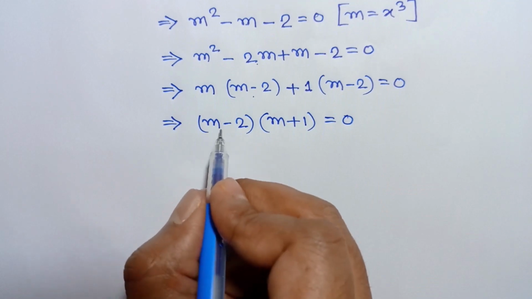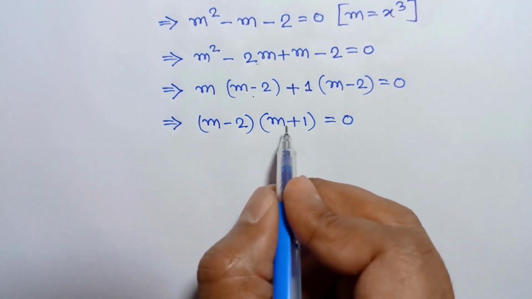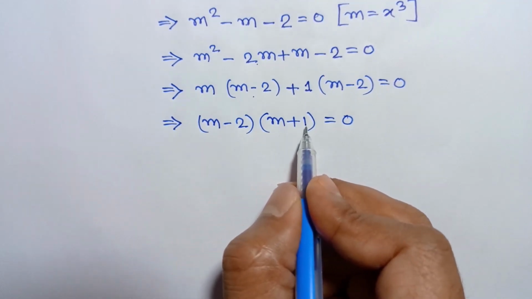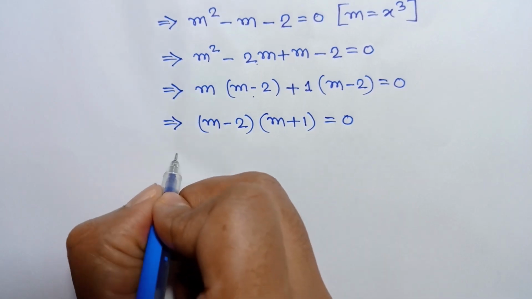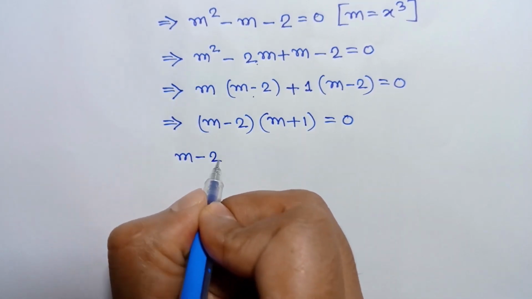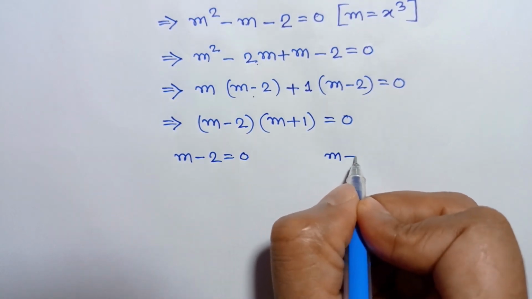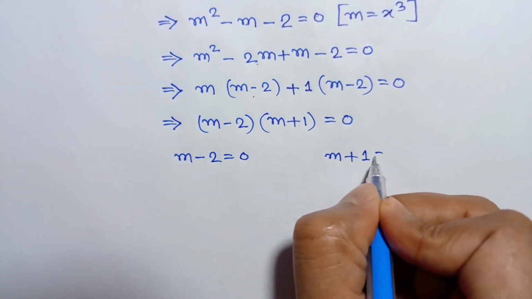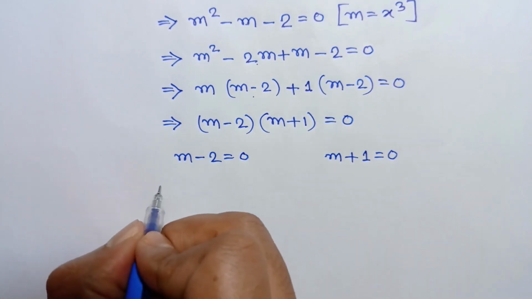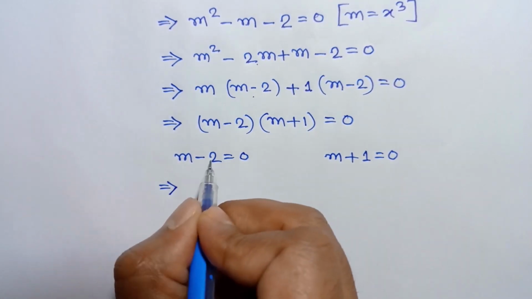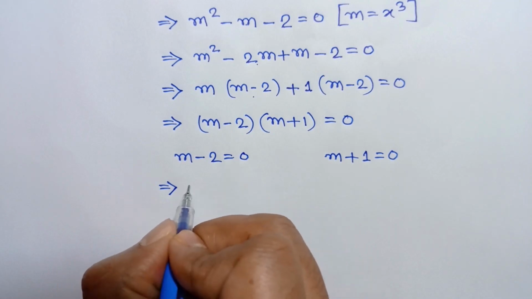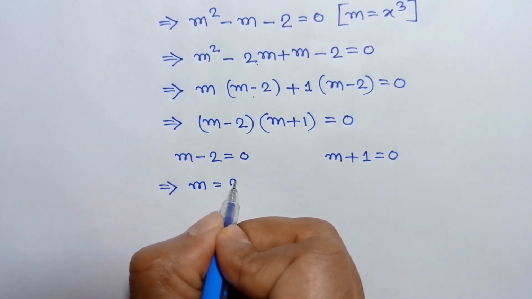So we will have m minus 2 is equal to 0, or m plus 1 is equal to 0. When m minus 2 is equal to 0, taking this 2 to the right side we will have m is equal to 2.